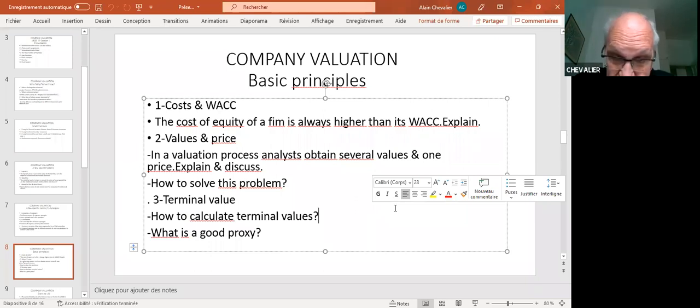When the author says we have several values and want one price, the easiest way is to calculate the arithmetic average of the different values. It means you find the values of 20, 30, 40, 50, well, 4 values, you add the 4 values and you divide by 4. Arithmetic average.